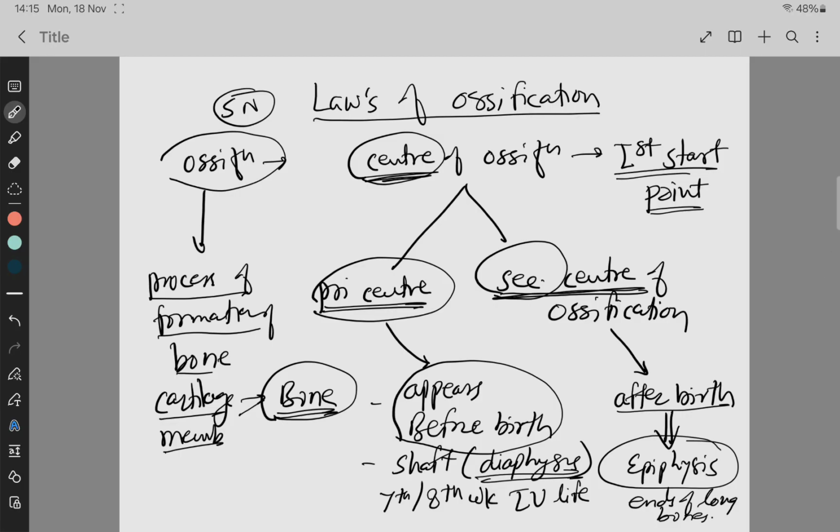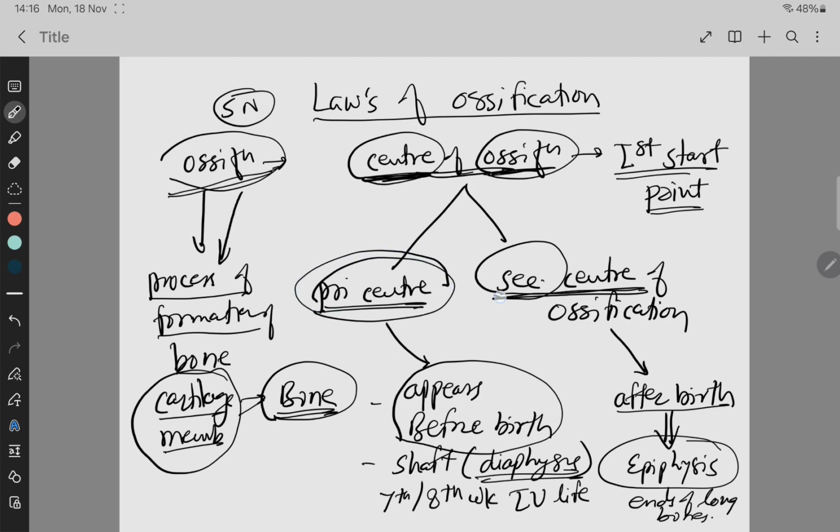So what we understand now: what is ossification? It is the process of formation of bone either from the cartilage or the membrane. What is center of ossification? It is the point where ossification first starts. In the center of ossification we have two centers, one is the primary and one is the secondary center of ossification.